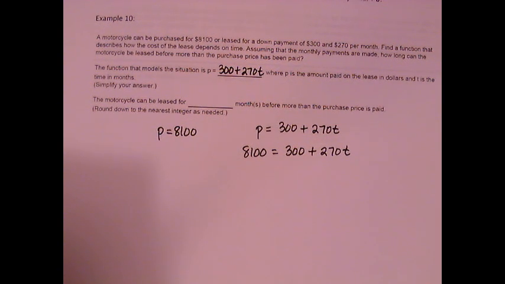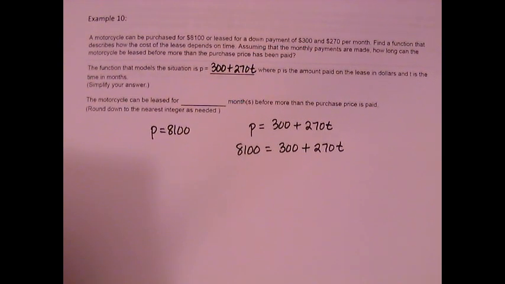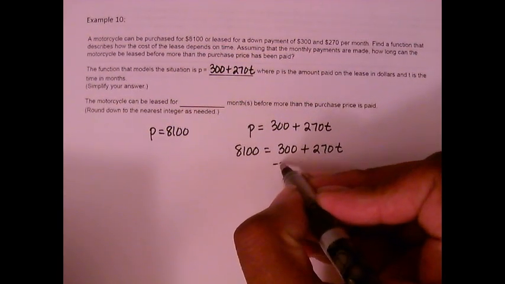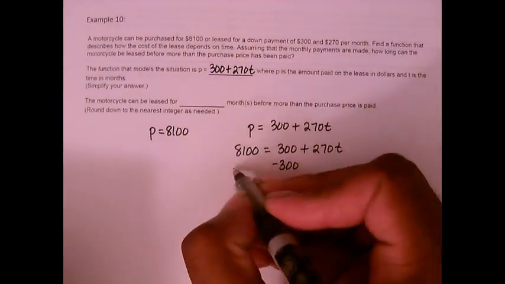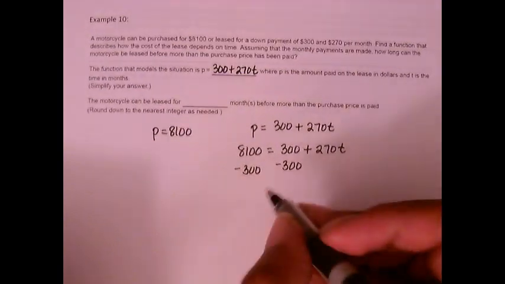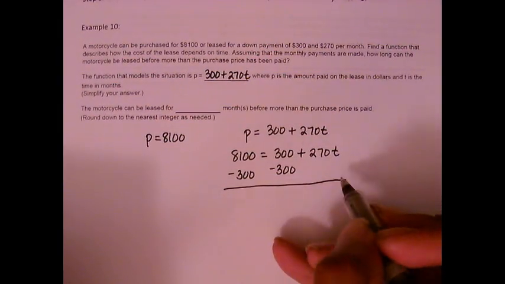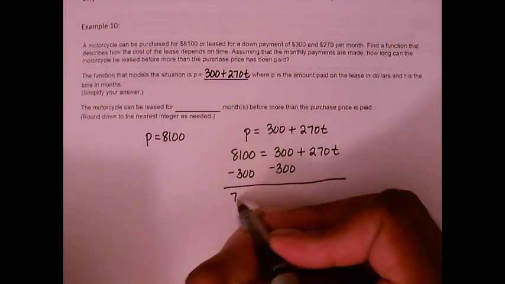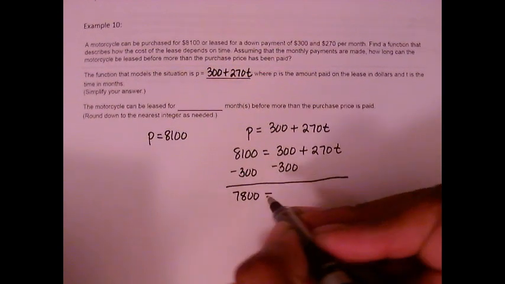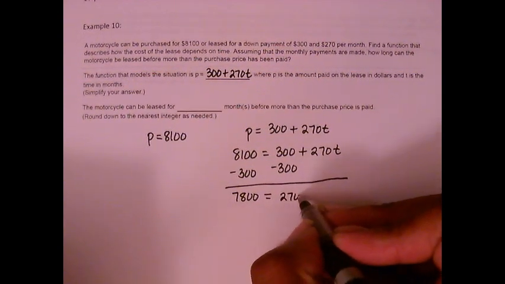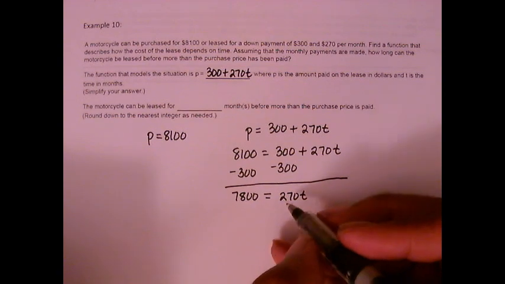We want to find out how long that motorcycle can be leased before more than that purchase price will be paid. Alright, let's move the 300 over by subtracting 300 to get 270T by itself. This will give you 7,800 is equal to 270T.